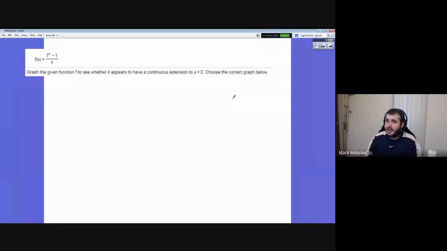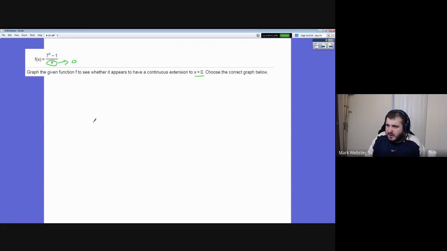All right, so here we have a technology problem, because you can't do this in your head. You can't do this on paper without it being really, really ugly. It says, graph the given function f to see whether it appears to have a continuous extension to x equals 0. Because zero's where the discontinuity has to be, right?